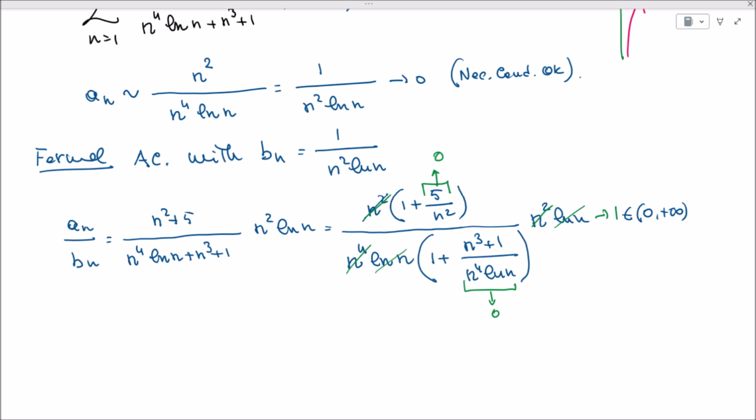So whatever the series sum of Bn does, the same the series sum of An does. So we are now within the condition of the asymptotic comparison.